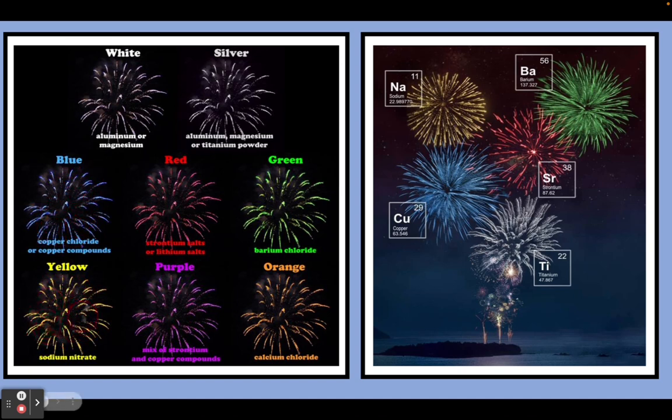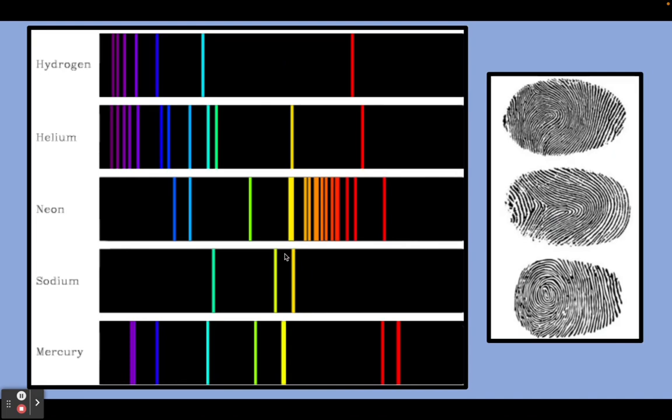If you have sodium in there, then you would see a yellow color. So yellow is indicative of sodium being in the firework. Calcium chloride, we saw calcium give an orange color. So if you see orange in your firework, then that indicates that calcium was in there. So this is why different fireworks give you different colors, and you can get a mixture of colors because you have a mixture of different elements in the fireworks.